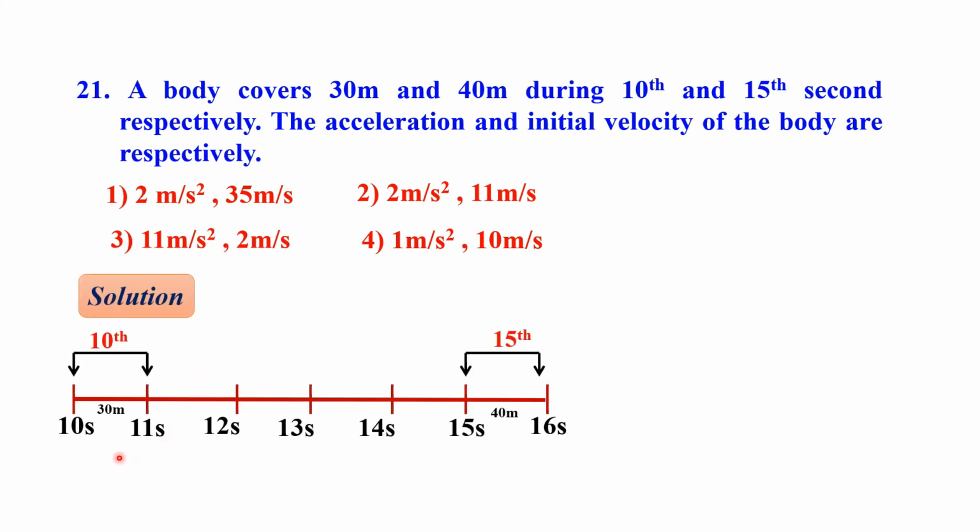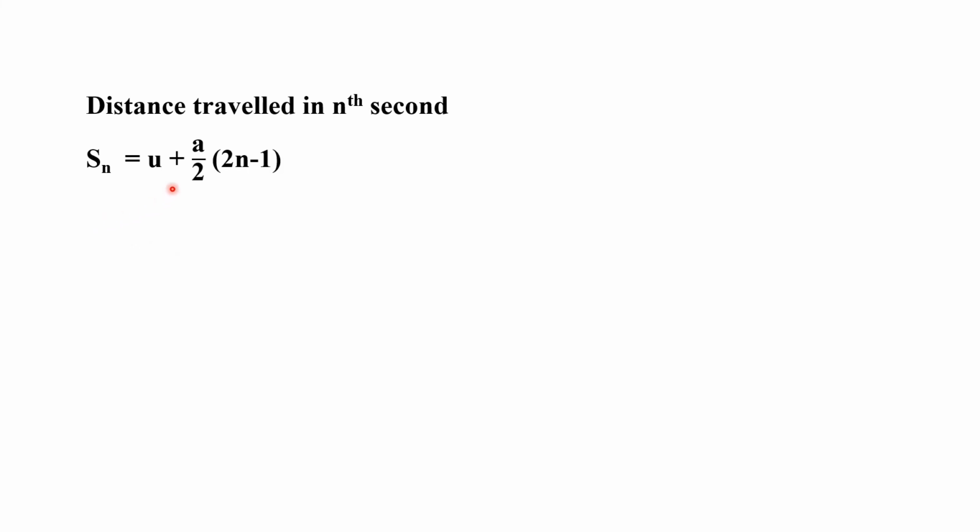A body covers 30 meters and 40 meters during 10th and 15th second. Let u be the initial velocity of the body. Next, distance travelled in nth second, that is Sn, is equal to u plus a by 2 into 2n minus 1. Now distance travelled in 10th second is given as 30.